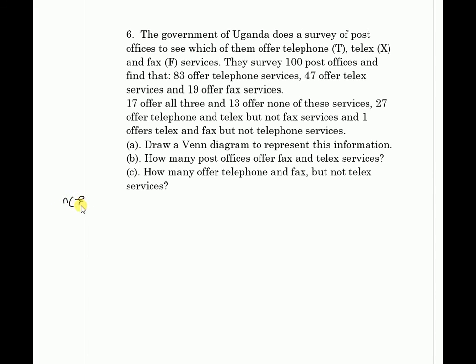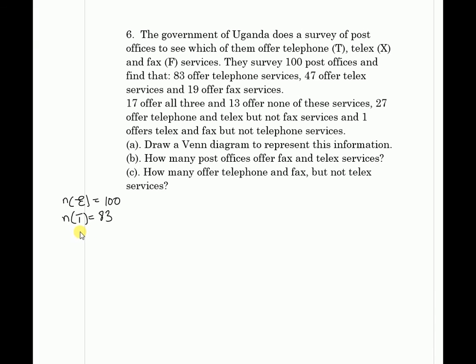the number of elements in the universal set is 100, and then 83 offer telephone. Telephone is T, so that one is 83.